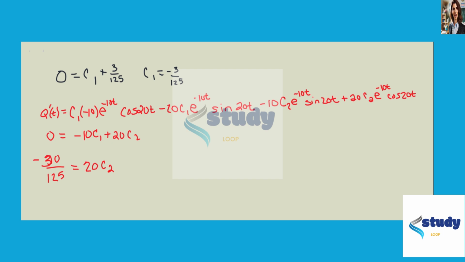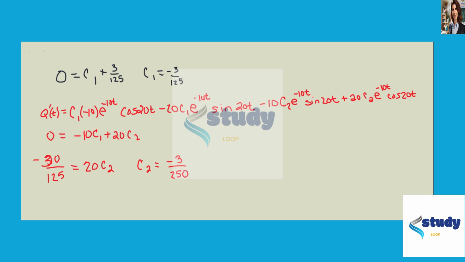Because when I plug in negative 3 over 125, that makes that a positive, and I subtract it to the other side, it becomes negative. So I multiply both sides by 1/20th, and I end up with C2 equals negative 3 over 250.